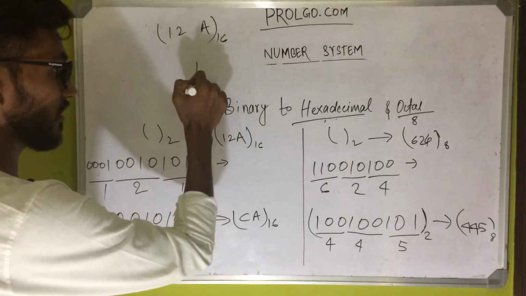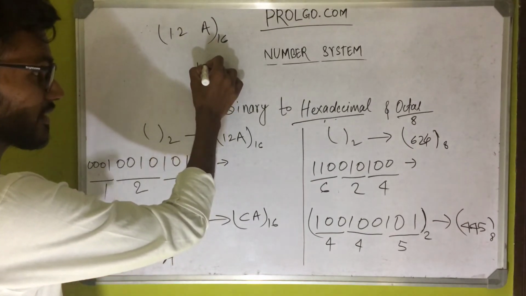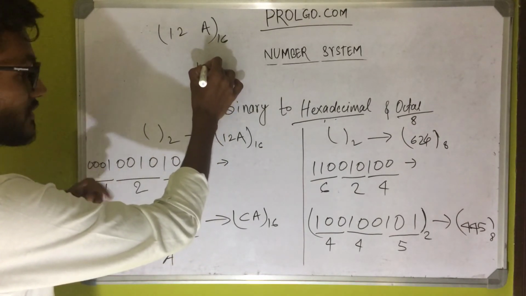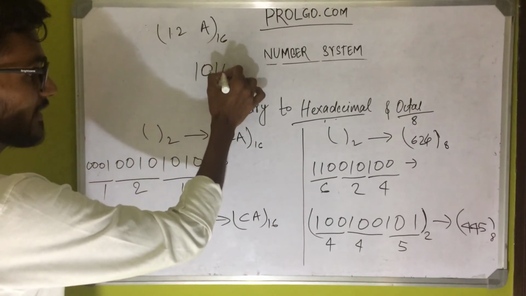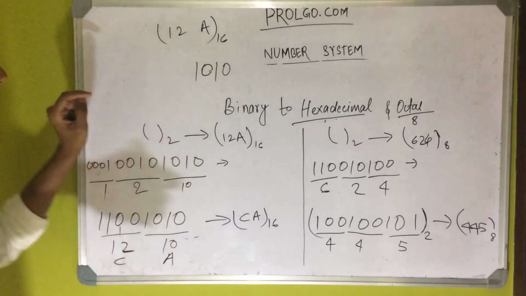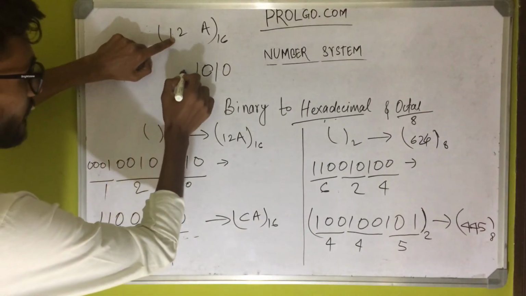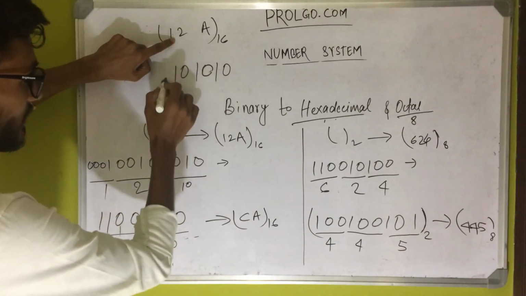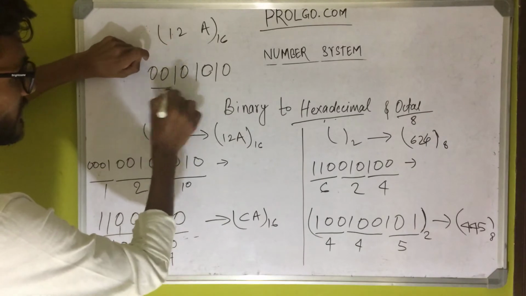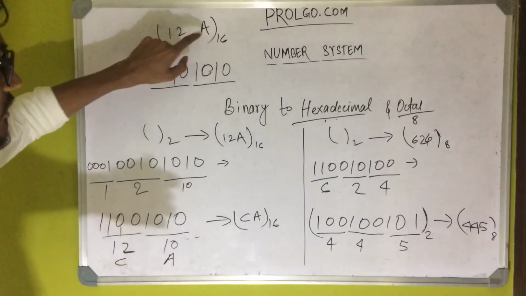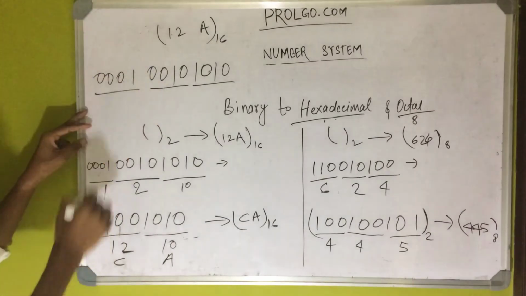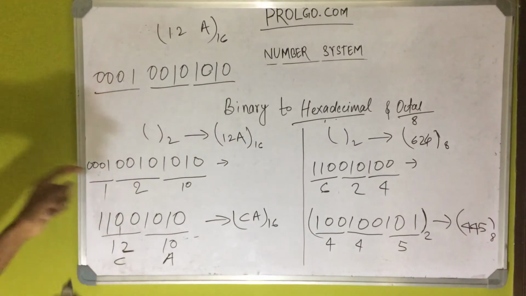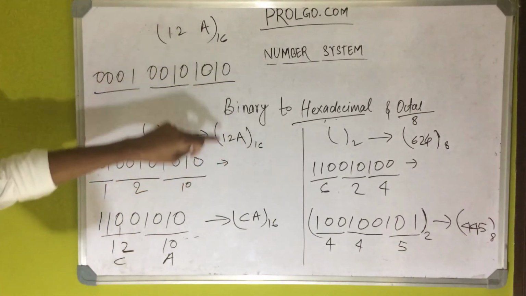So 8 is on, then 4 we won't turn on, so 0, then 2 is on, and then 0, so it is equivalent to 10. Then for 2 we use 0 0 1 0, and for 1 we can use 0 0 0 1. This is how you can easily convert from hexadecimal to binary.